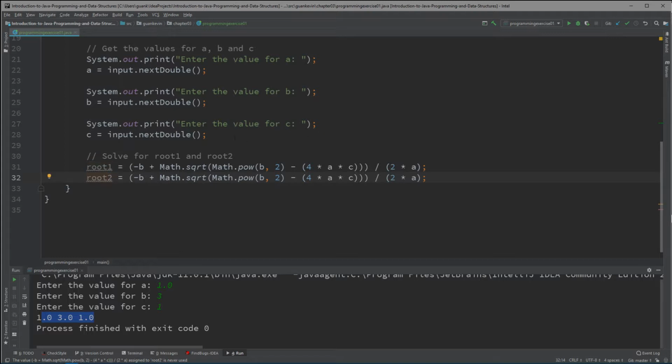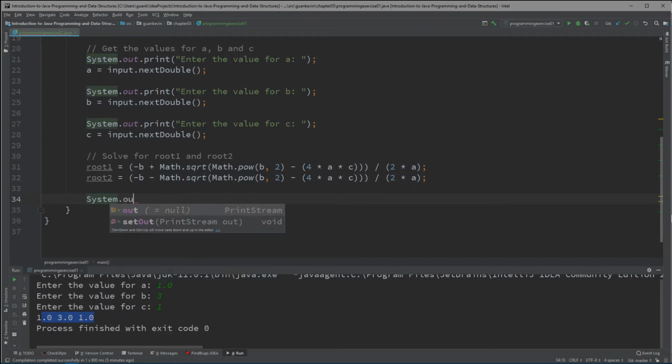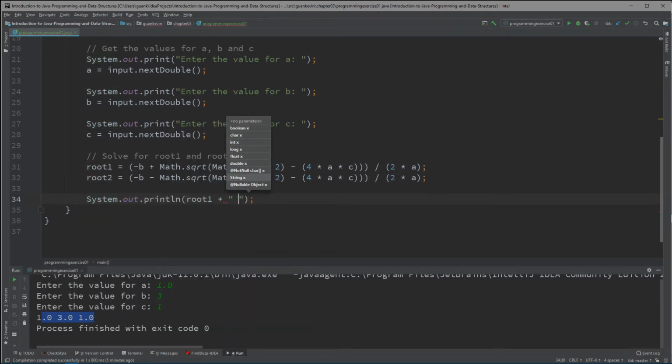Like I said before, root 1 and root 2 differ only in this plus and this minus. So make sure you do that, and now you get two different values. Let's see if I did this correctly. Do a System.out.print of root 1 plus a space plus root 2.